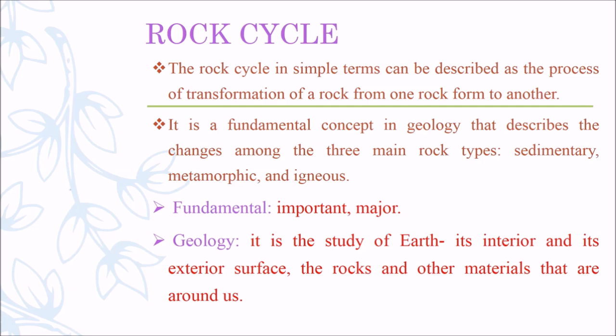So, the rock cycle is a fundamental concept, meaning it is an important or major concept in geology that describes the changes among the three main rock types: sedimentary, metamorphic and igneous.